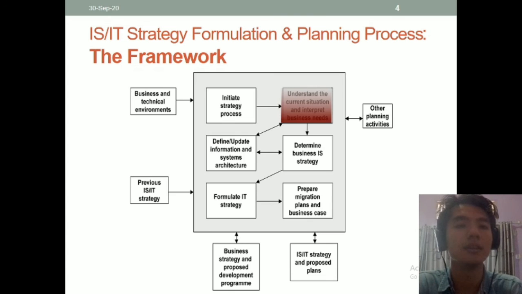And this is the ISIT strategy formulation and planning process, the framework.